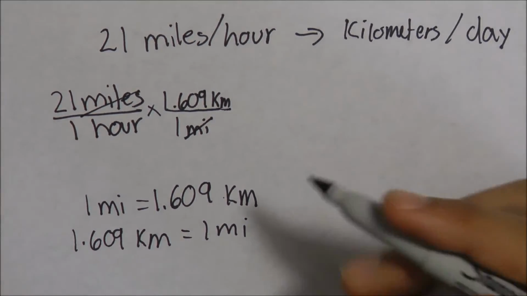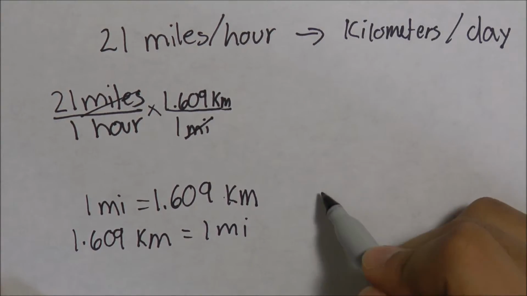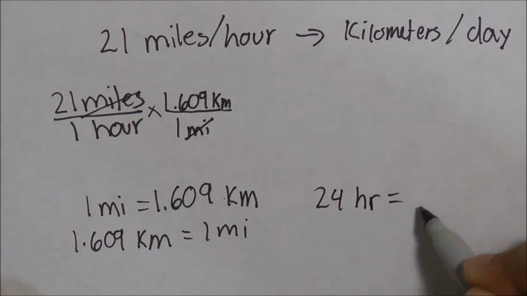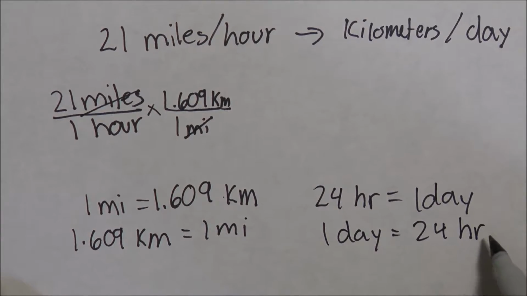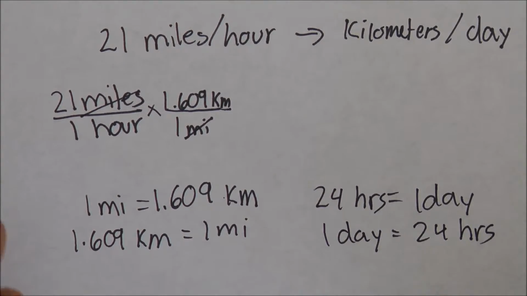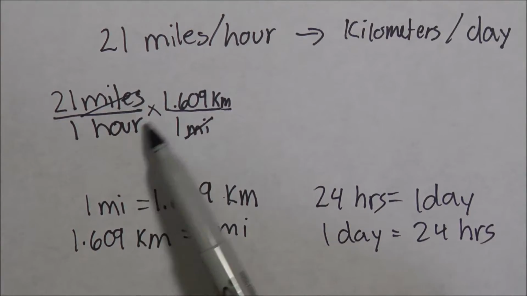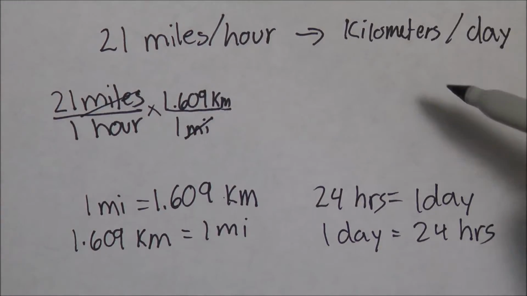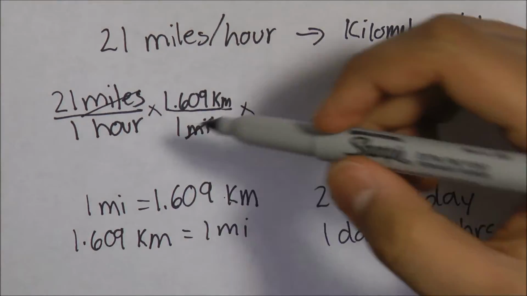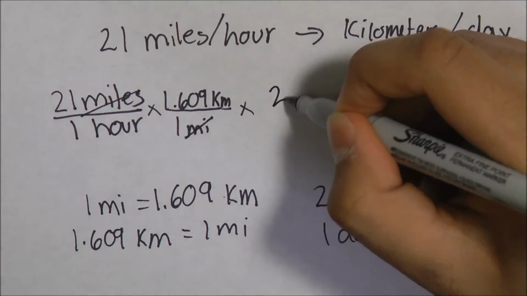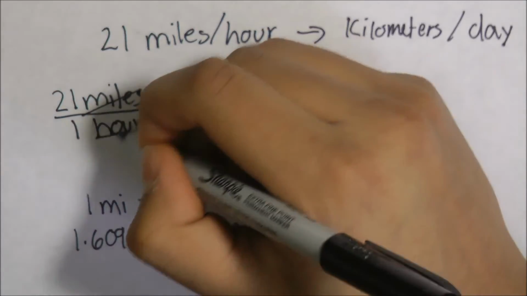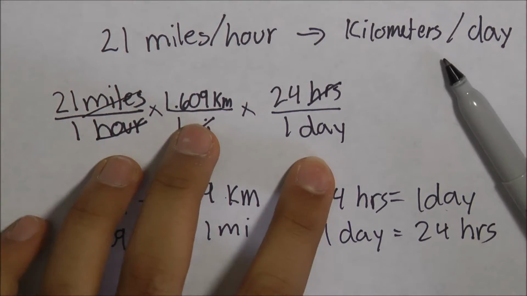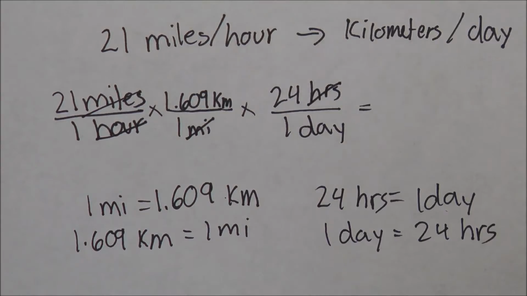Well, how many hours are in a day? 24 hours is equal to 1 day, and also 1 day is equal to 24 hours. Which one will help you get rid of the hours and change it into days? Well, we need to get rid of hours, so we need hours on the bottom. So 24 hours is equal to 1 day. Get rid of the hours, and see how kilometers is on top and days on the bottom, and that's what we need. With your calculator, you could figure out what this all equals.